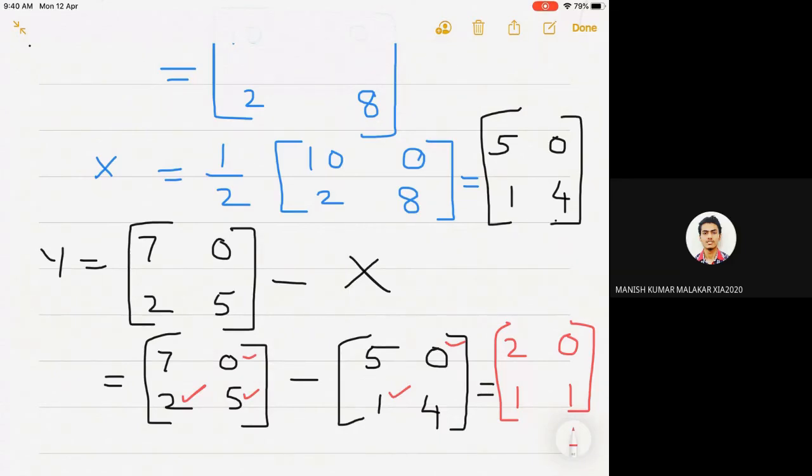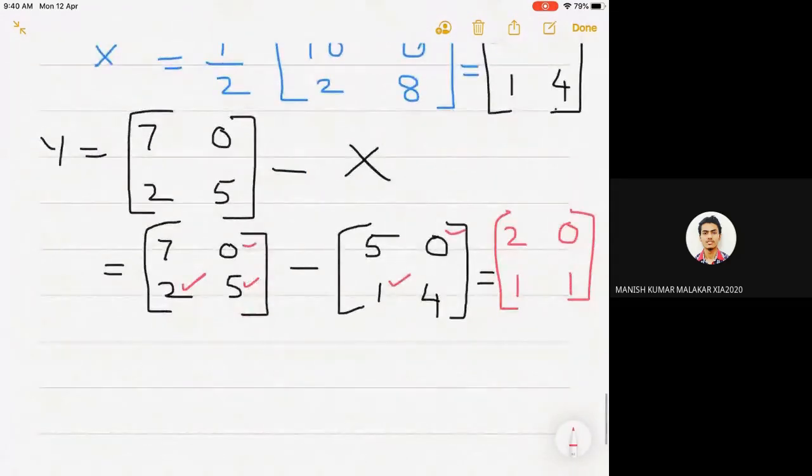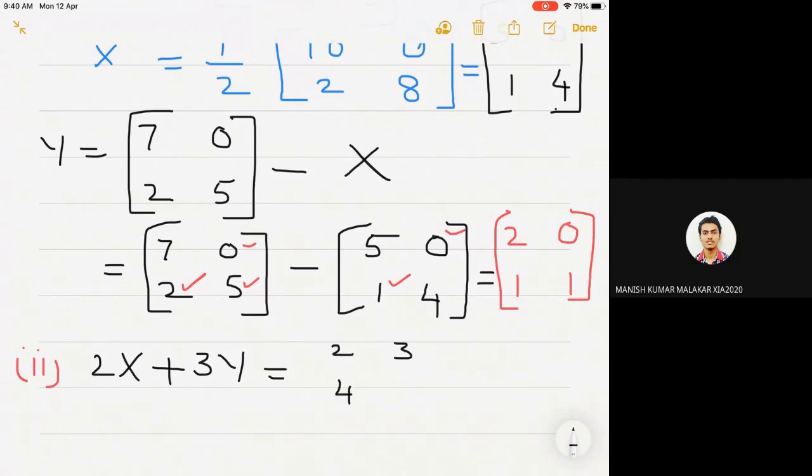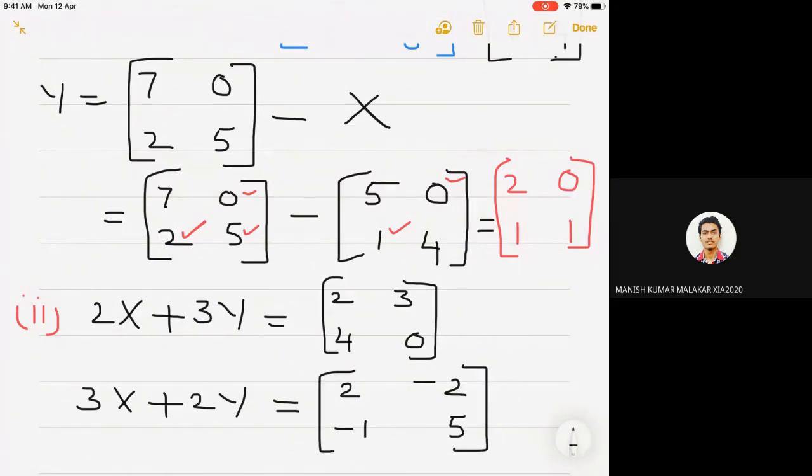Okay, the next question. Question number 2: 2x plus 3y equal to [2, 3, 4, 0], and 3x plus 2y equal to [2, -1, 5].